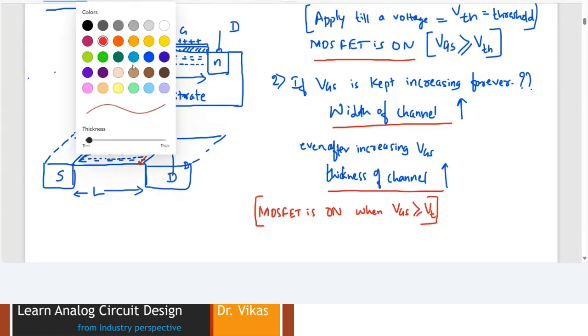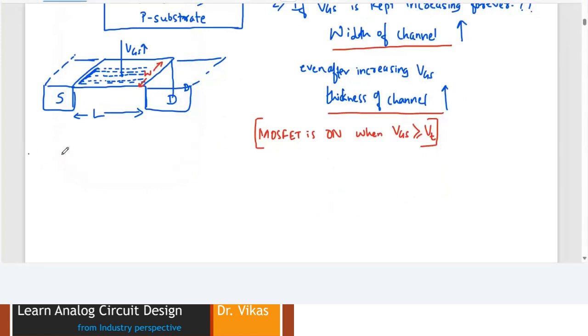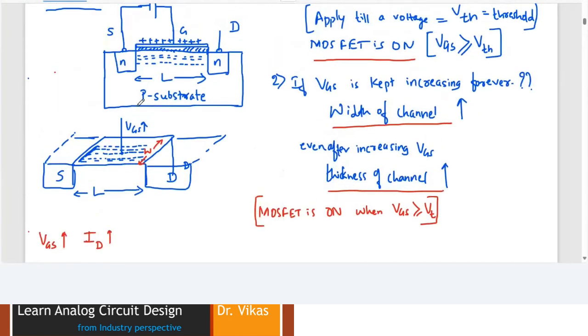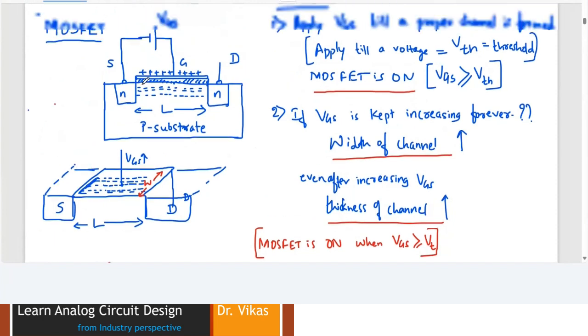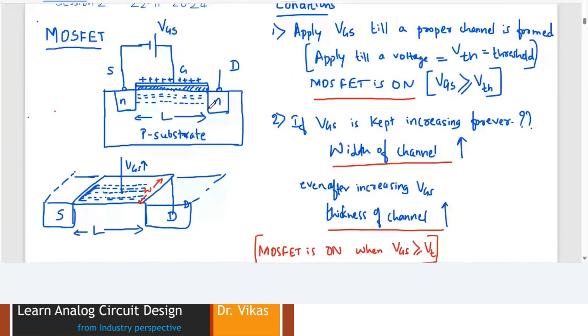Now let us see how this exactly looks from the graphical perspective. So what I did here, I increased VGS, and I want to see what is going to happen with respect to ID. But as I told yesterday, whenever you want to ensure the current flows, how does the current flow? Current flows only when you apply VDS.